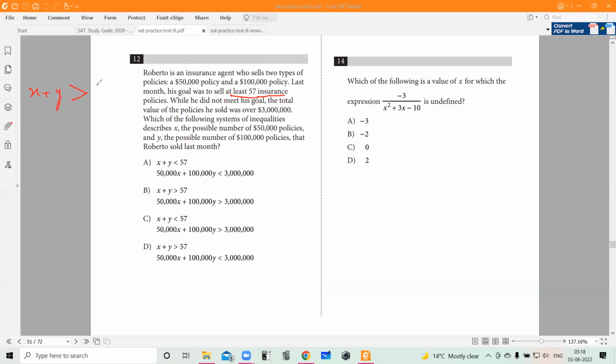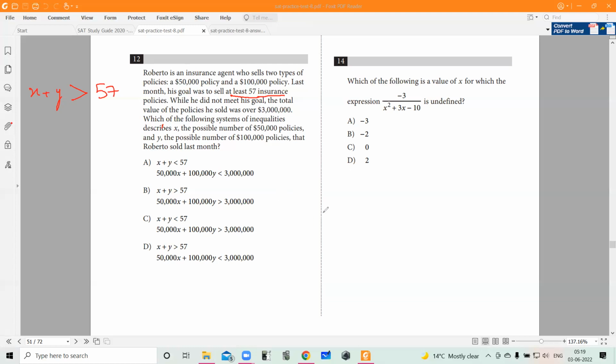More than 57. His goal was to sell at least 57, but he didn't. Okay, I see. So it's the other way around. While he did not meet his goal, the total of the policies sold was over 3 million. Based on the 50,000 policies, sorry, yeah, it's A.